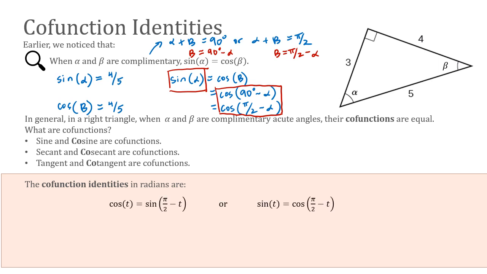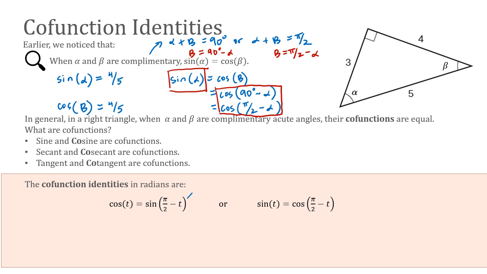So specifically, if you have the cosine of one angle, that is going to equal the sine of pi over 2 minus that angle. Or if you prefer, we'll start with sine and say that the sine of an angle is equal to the cosine of pi over 2 minus that angle.